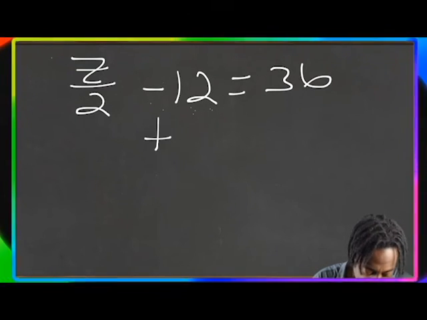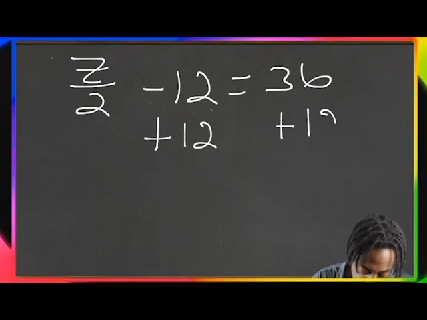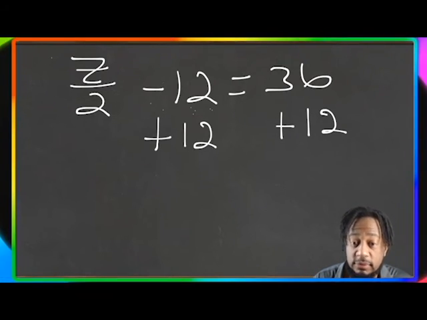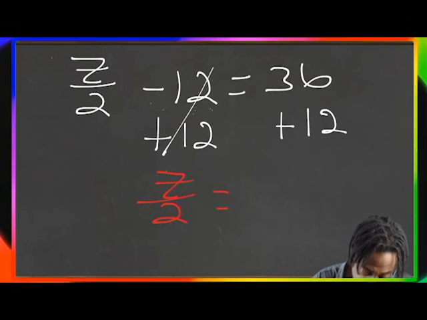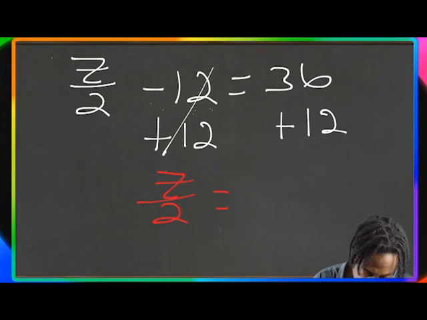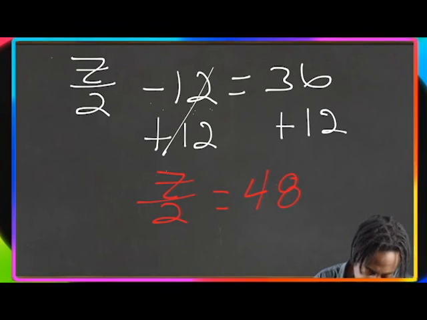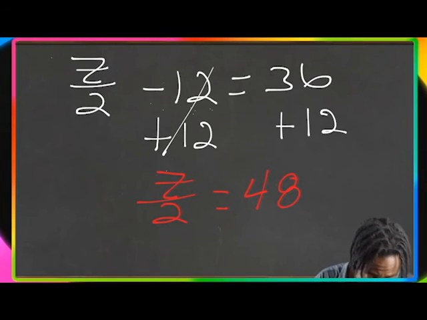It's minus 12, so we have to plus 12, right? This is going to cancel. This is going to give me z over 2 equal to what? 48. Yes? We are dividing again.